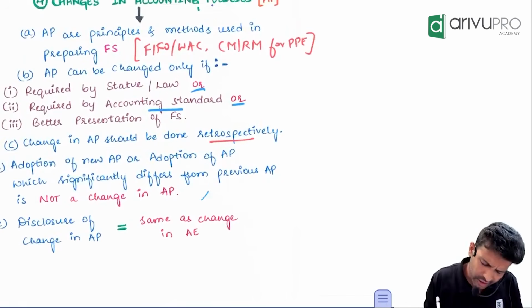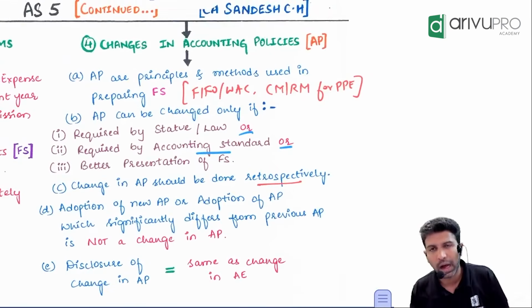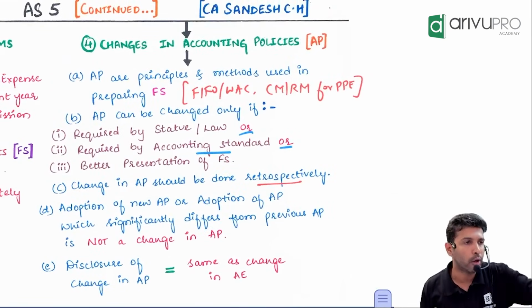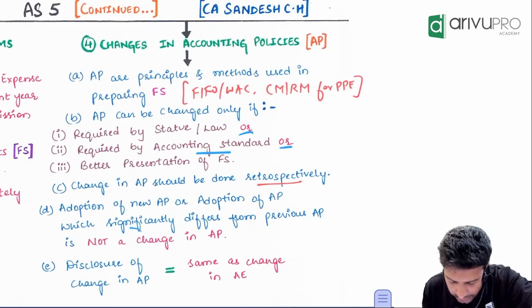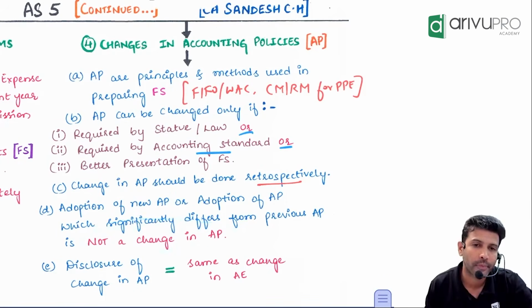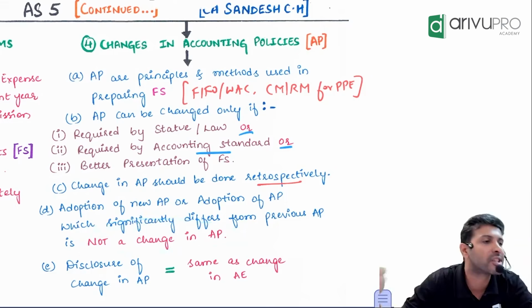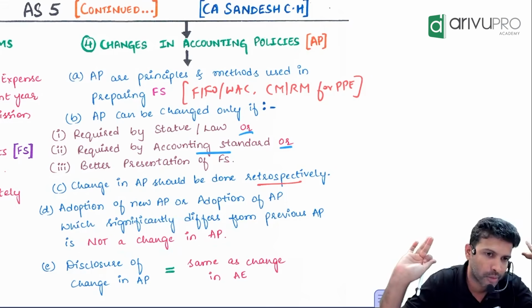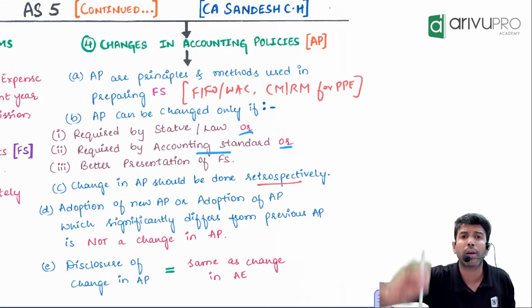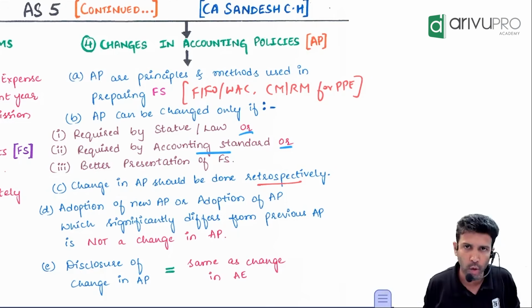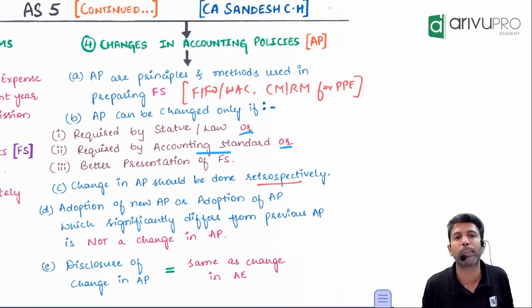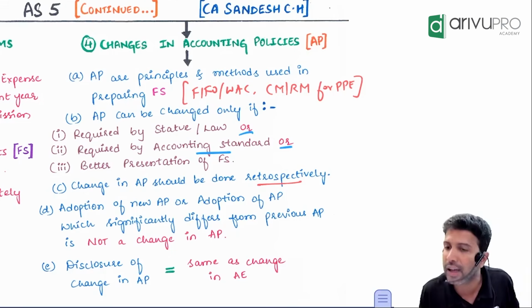Another point is important; a couple of times this has been asked in the papers. If you are adopting a new accounting policy, it is not considered a change in accounting policy. Like earlier, I had no pension scheme, no gratuity scheme. This year, I brought in a formal pension scheme, a rule that whichever employee completes 5 years will get pension.